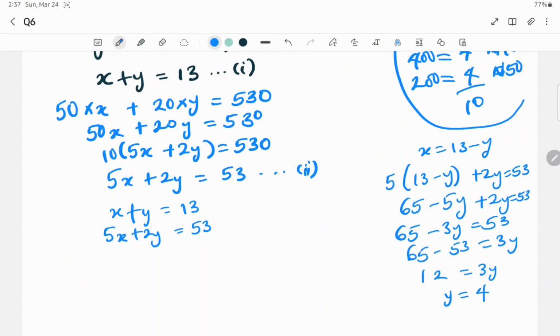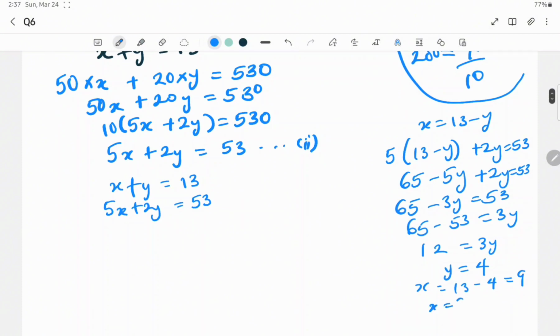Now, I can get my x, which is x equals to 13 minus 4, which is 9. That means my x is 9 and my y is 4.